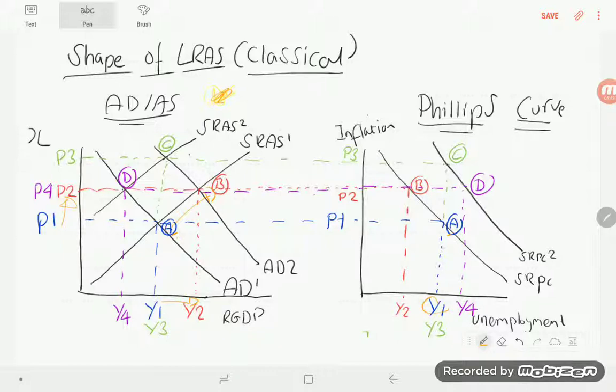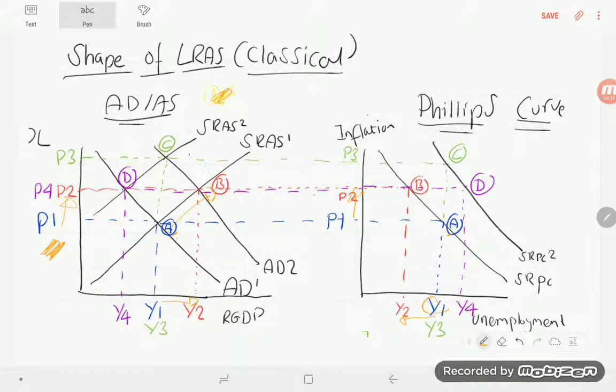So what happened? Well, we've said that AD shifted to the right. On this further diagram to the left, AD shifted to the right from A to B, and this led to an increase in GDP. Consequently, unemployment fell from Y1 to Y2. This led to an increase in the price level. Again, look on the previous diagram, AD and AS, and we ended up here.